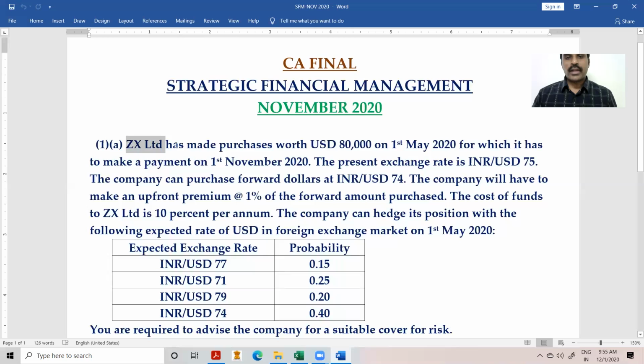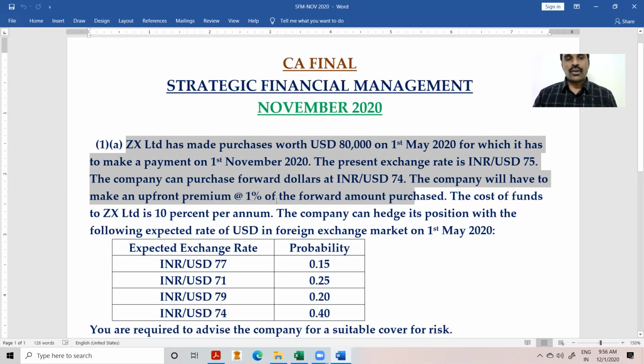ZX Limited has made purchases worth $80,000 on 1st May 2020, for which it has to make a payment on 1st November 2020. The present exchange rate is INR/USD 75. The company can purchase forward dollars at INR/USD 74. The company will have to make an upfront premium at the rate of 1% of the forward amount purchased.